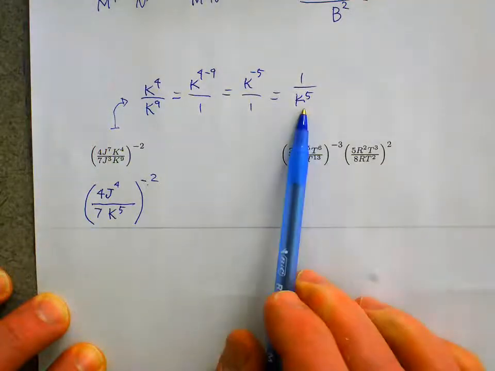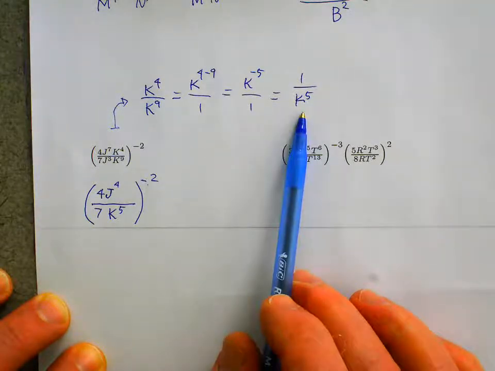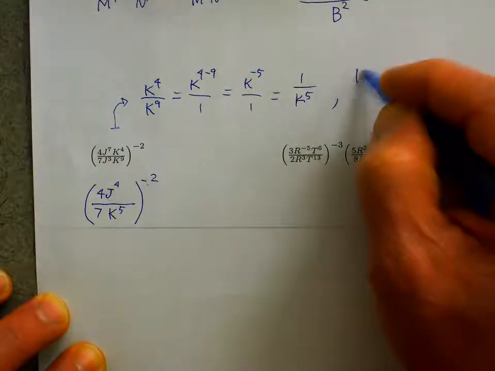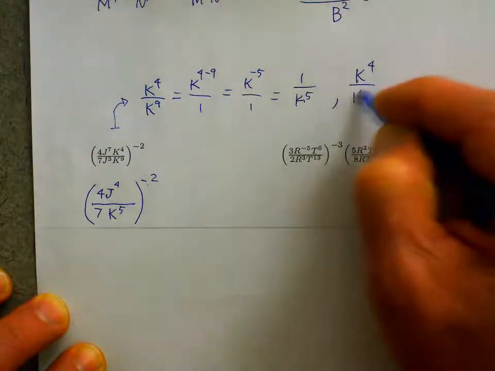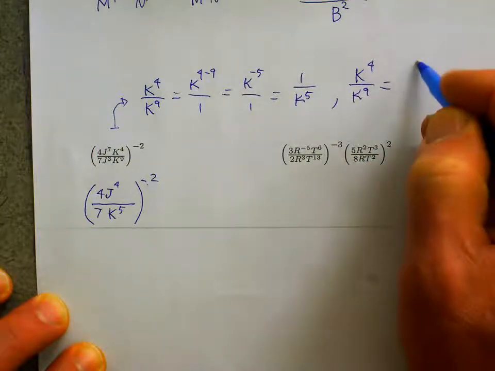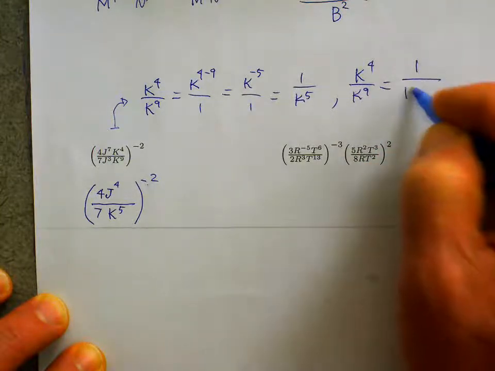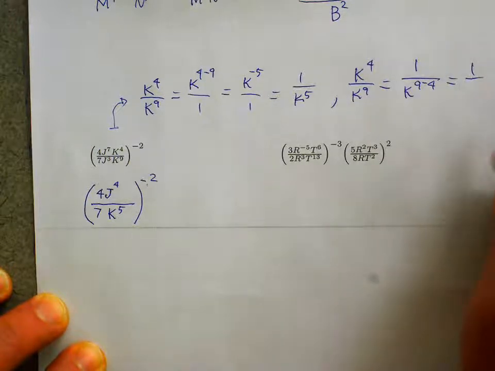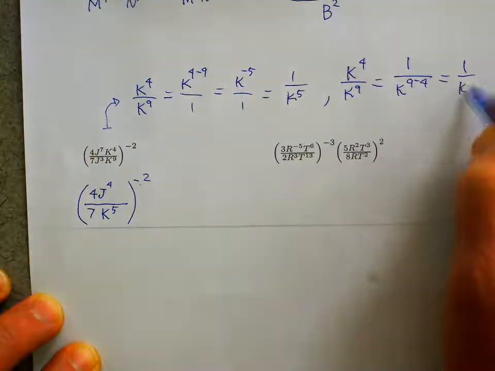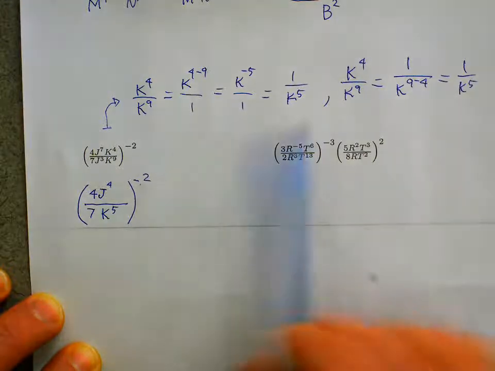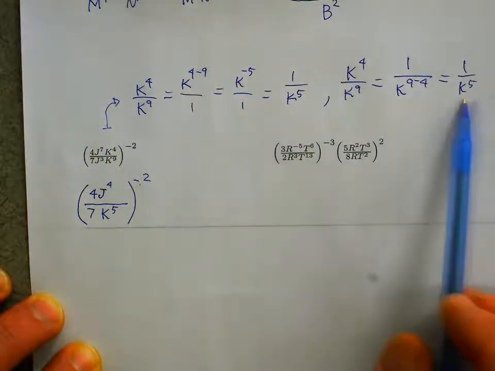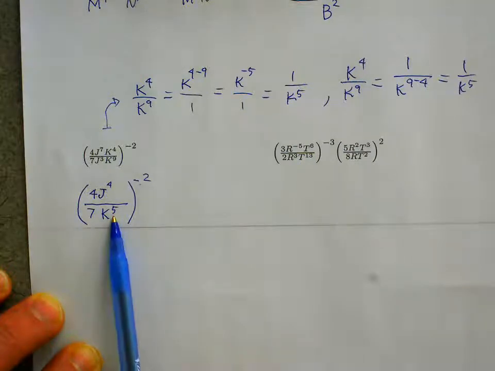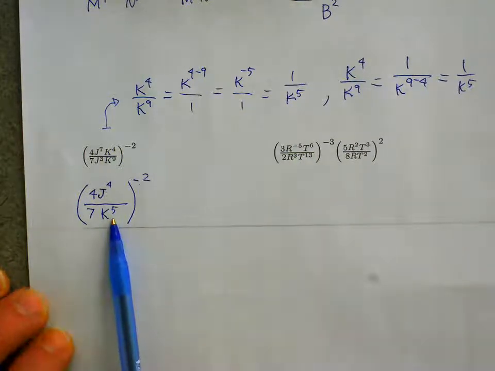So that's one way to get to the simplified result. The other way, if you have k to the 4th over k to the 9th, is to write it as 1 over k to the 9 minus 4, or 1 over k to the 5th. So no matter how we go about it, we should end up with the same result. And over here, that just means k to the 5th is in the denominator.